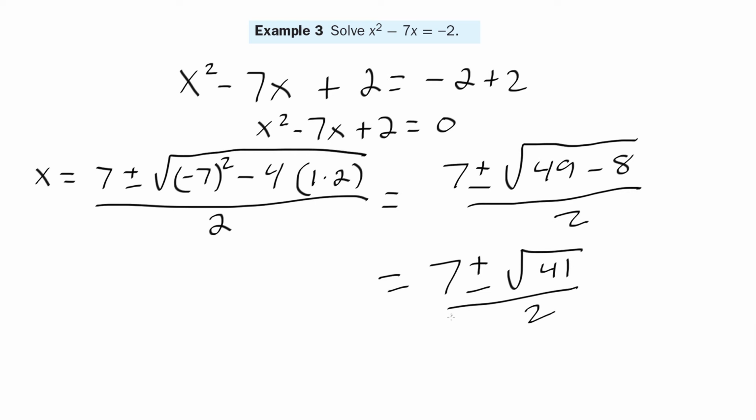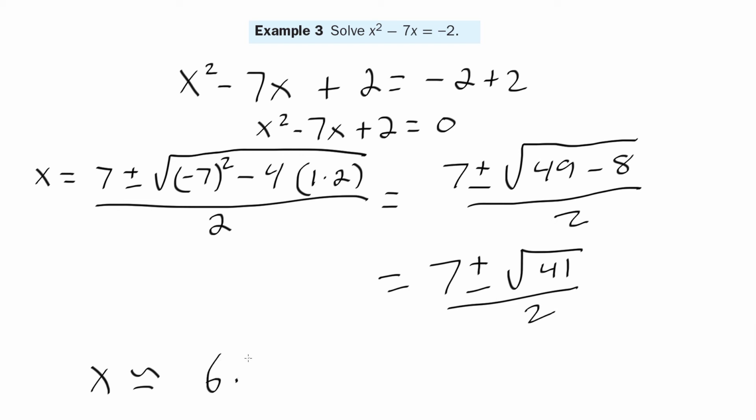We could get an approximation for this, in which case we'd like to get that x is approximately equal to, let's see, 7 plus 6.4 divided by 2 would be about 6.7.